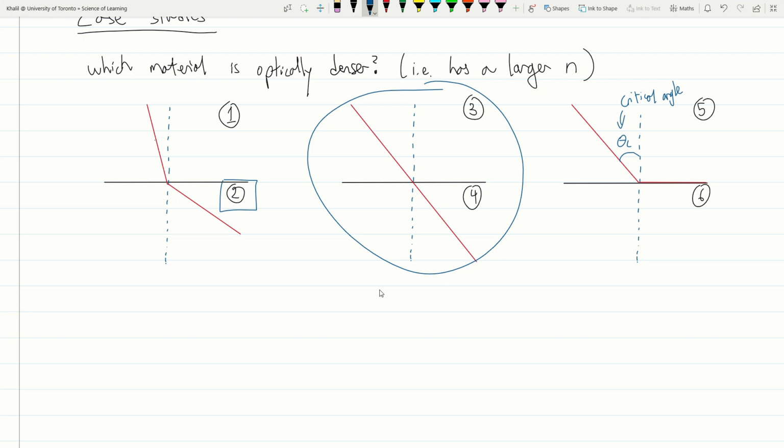But essentially, this only ever occurs when this medium 5 is denser than medium 6. So if that was your guess, or if that's your deduction, then congratulations. Material 5 is denser than material 6.